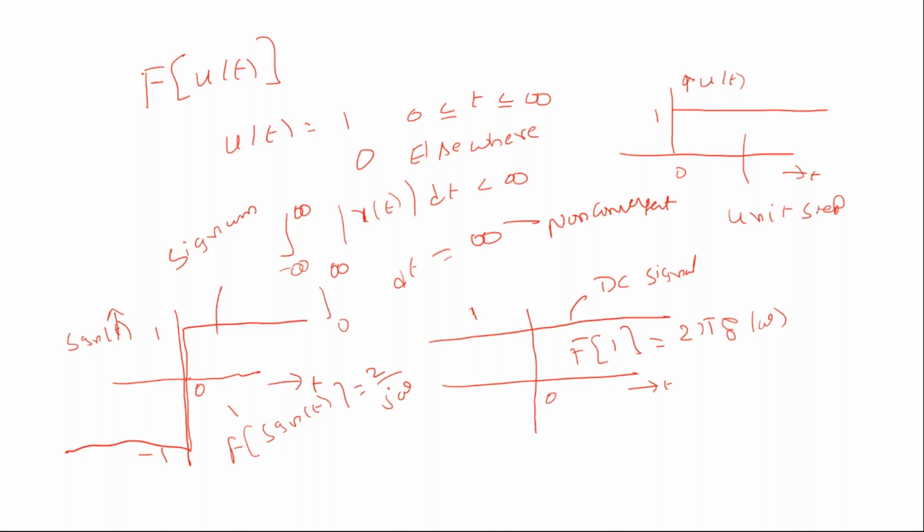I'll write this equation and you tell me whether the equation is right or not. Now I can write the relation: signum function SGN of t is equal to 2 into u of t minus 1. Please check whether this relation is right or not.